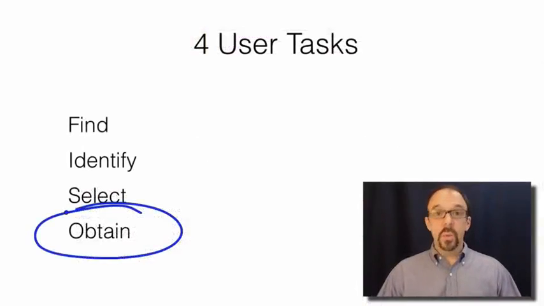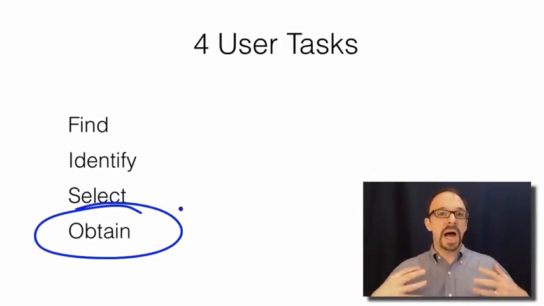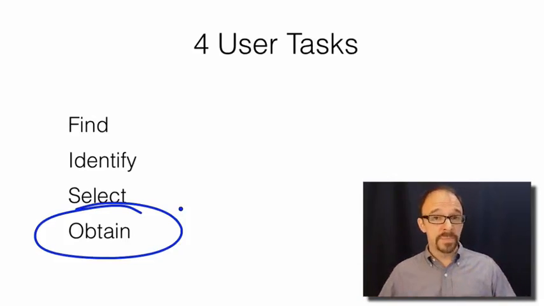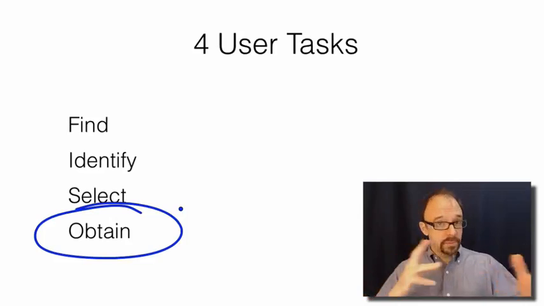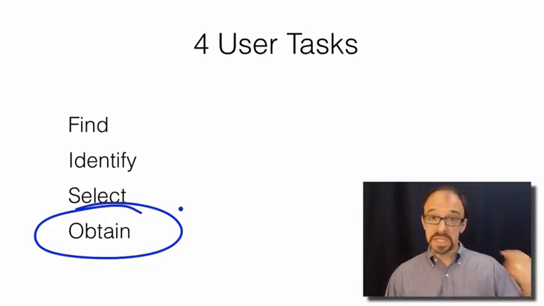So the question is, what do we mean by obtaining a resource? For some purposes, obtaining a surrogate of the resource is going to be sufficient. I, for example, am perfectly happy with a zoomable image of that particular watercolor because I do not have any need to put my hands on the original item. I'm perfectly happy being able to zoom in on details and exploring the resource that way.